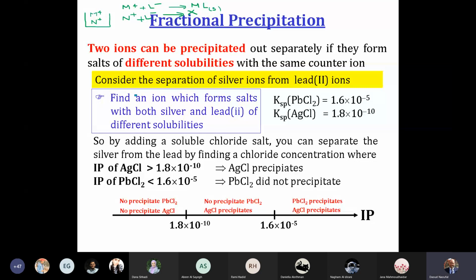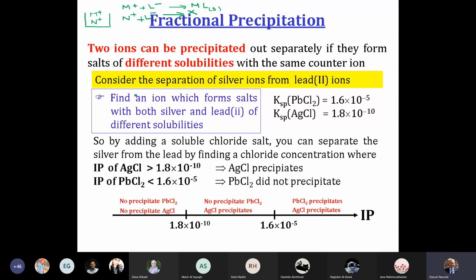According to the amount of L minus added, you can bring all M plus in the solution to the precipitate ML. In this case, ML will precipitate and N plus will remain free in the solution. By simple filtration, you separate ML from your solution, so you obtain a final solution containing N plus.